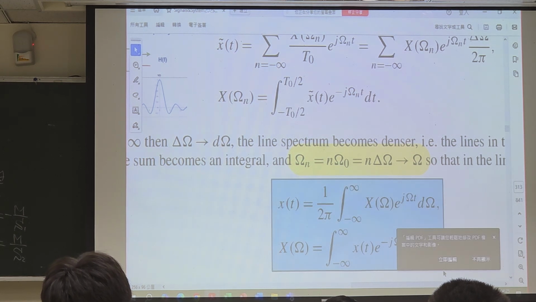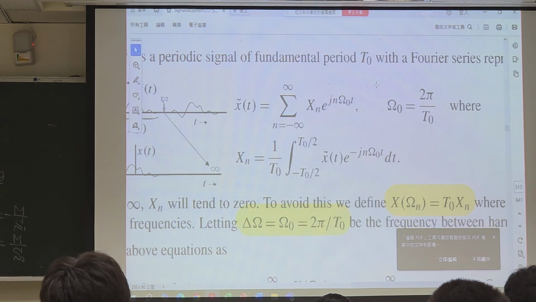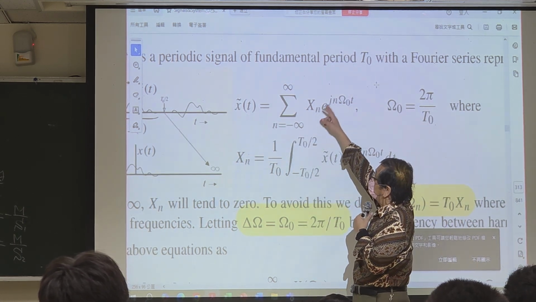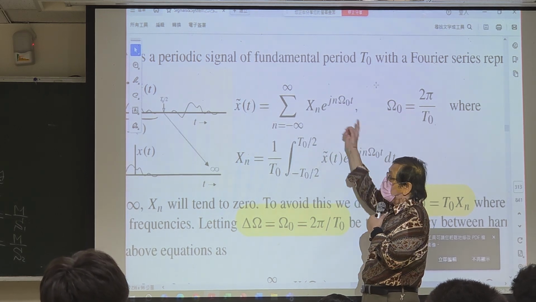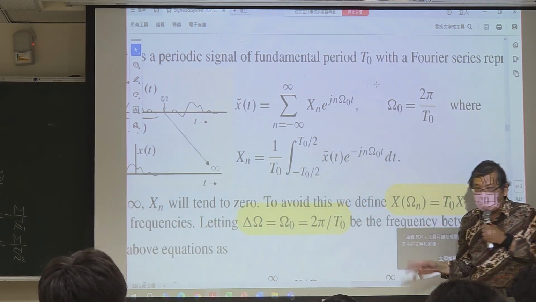Fourier transform. Briefly, let me say that one more time. When the function itself is a periodic function, then we can write it in terms of sinusoidal functions, and this is called the Fourier series expansion. This is only for periodic functions. One more time, this is very important.